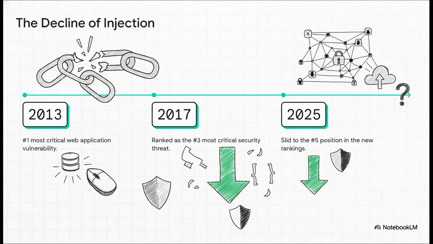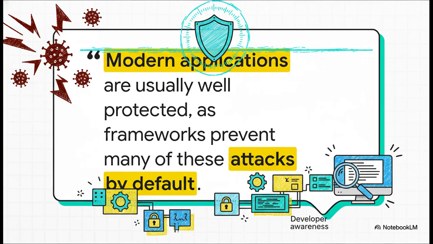So, what happened? Well, this is actually a huge success story. It's not that the attackers just gave up. It's that we as an industry got better. Developer awareness went way up. And maybe even more importantly, modern coding frameworks came along that automatically prevent a lot of these classic attacks by default. Basically, our tools got smarter and solved the problem for us.